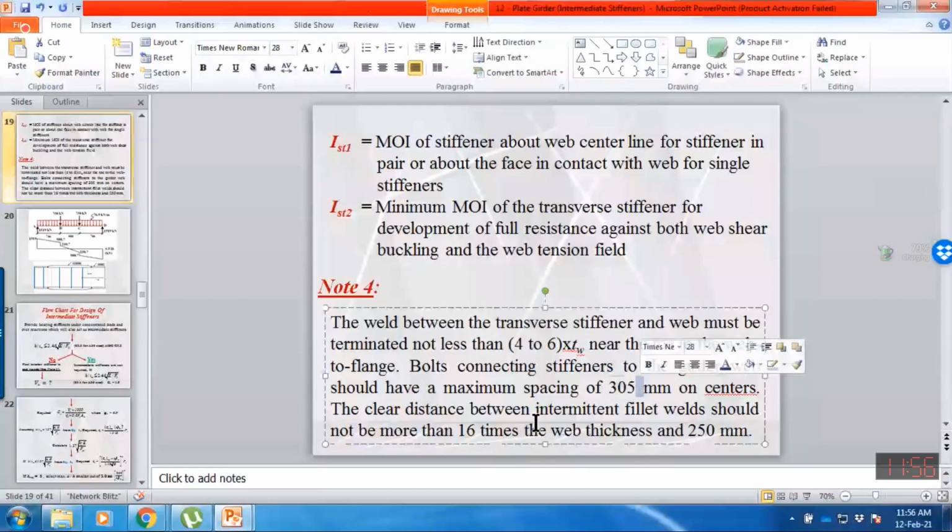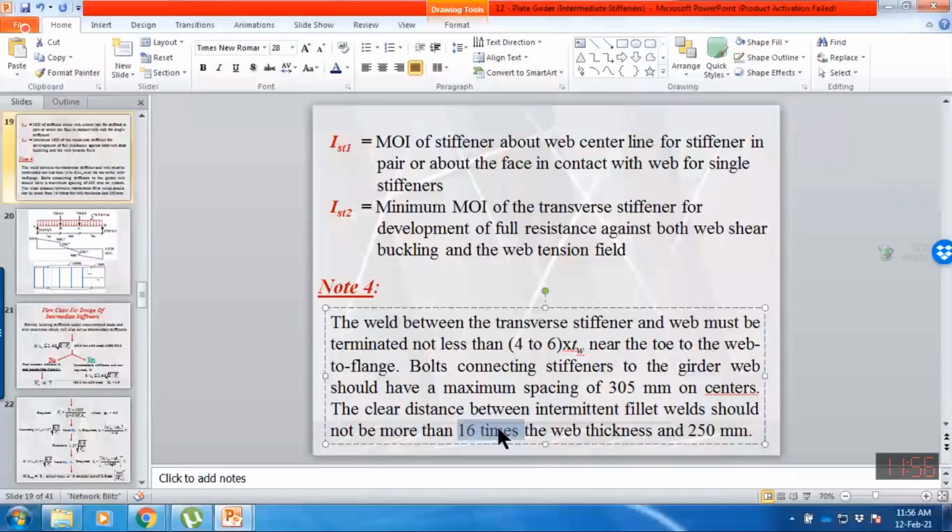And the clear distance between intermittent fillet welds should not be more than 16 times the web thickness or 250, whichever is the lesser. When we detail, I will explain it again.